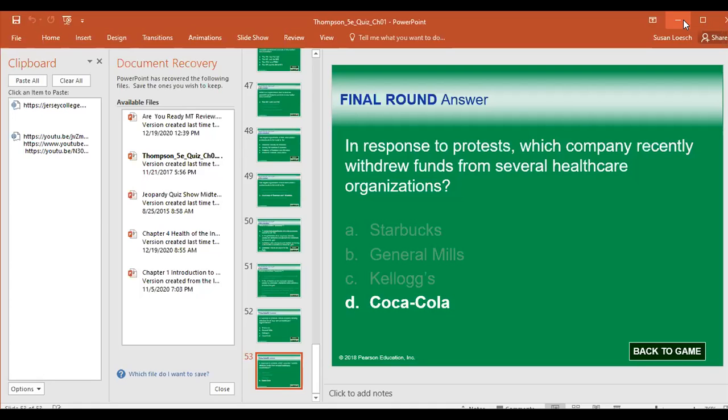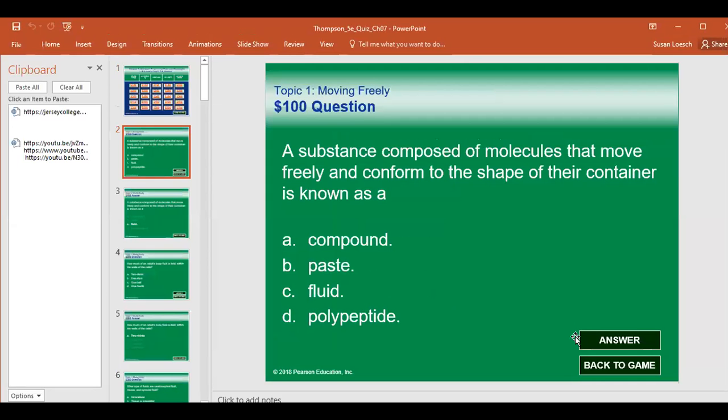A substance composed of molecules that moves freely and conforms to the shape of their container is known as? You can't see it. Oh. You see it now? Yeah.